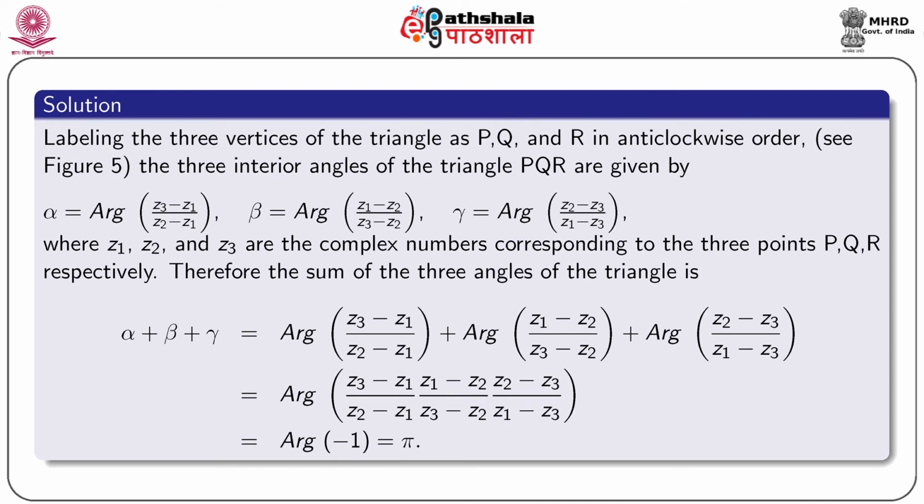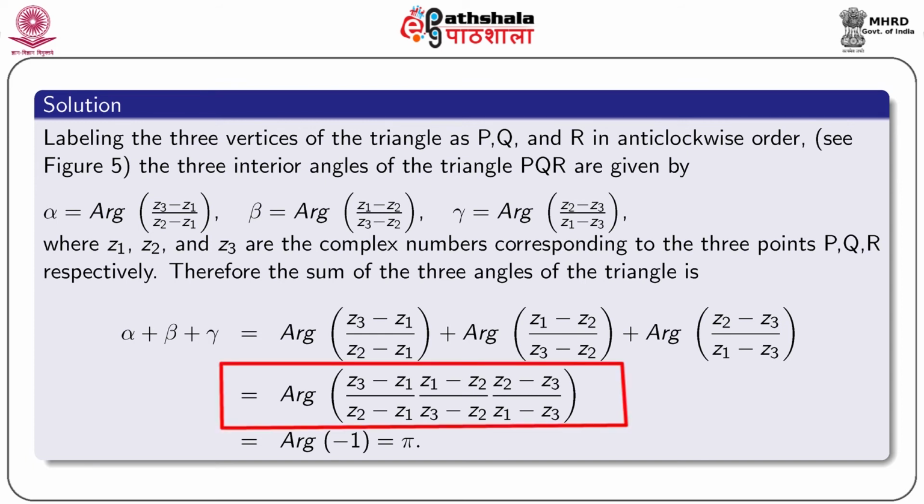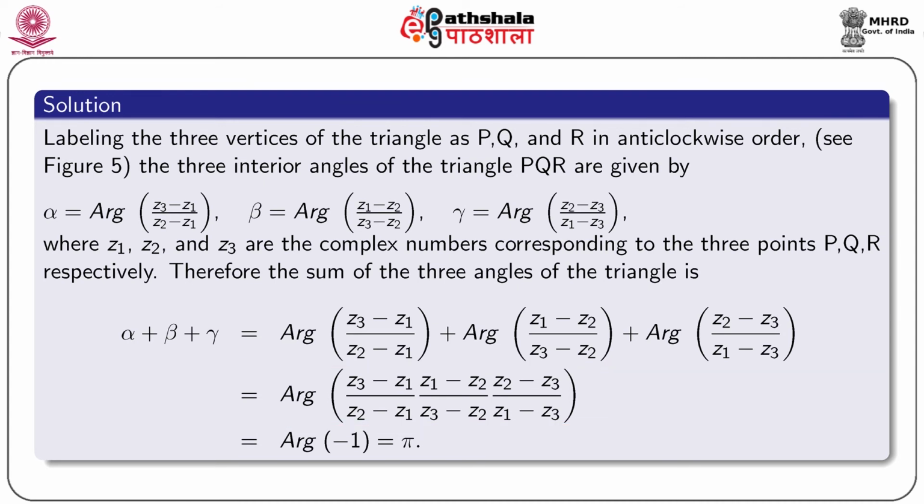So, here we get alpha plus beta plus gamma is equal to argument of Z3 minus Z1 into Z1 minus Z2 into Z2 minus Z3 by Z2 minus Z1 into Z3 minus Z2 into Z1 minus Z3, and after simple calculation we obtain alpha plus beta plus gamma as argument of minus 1, which is equal to pi.